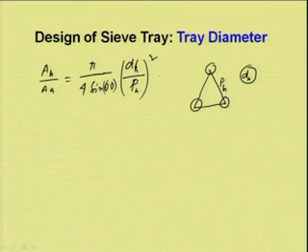So, it will be equal to 0.907 (d_h by p_h) squared.